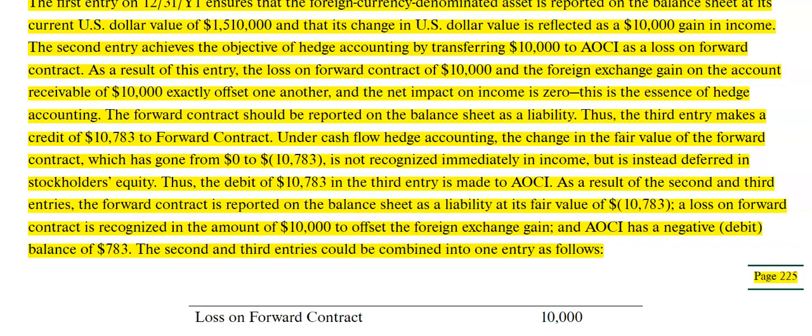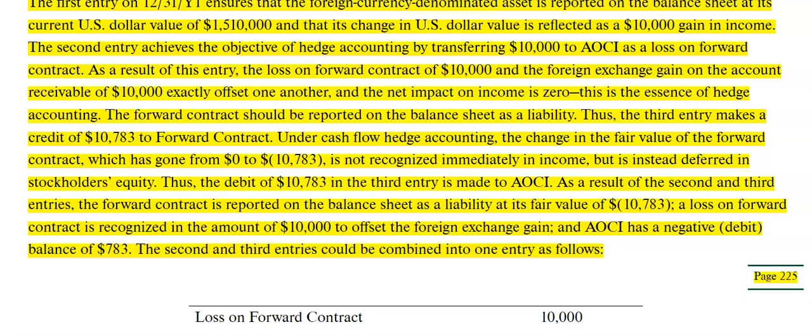The forward contract should be reported on the balance sheet as a liability. Thus, the third entry makes a credit of $10,783 to forward contract. Under cash flow hedge accounting, the change in the fair value of the forward contract, which has gone from $0 to $10,783, is not recognized immediately in income, but is instead deferred in stockholders' equity. Thus, the debit of $10,783 in the third entry is made to AOCI.